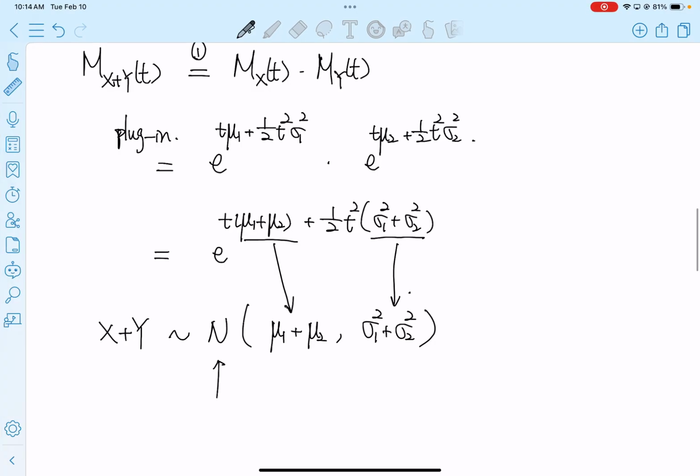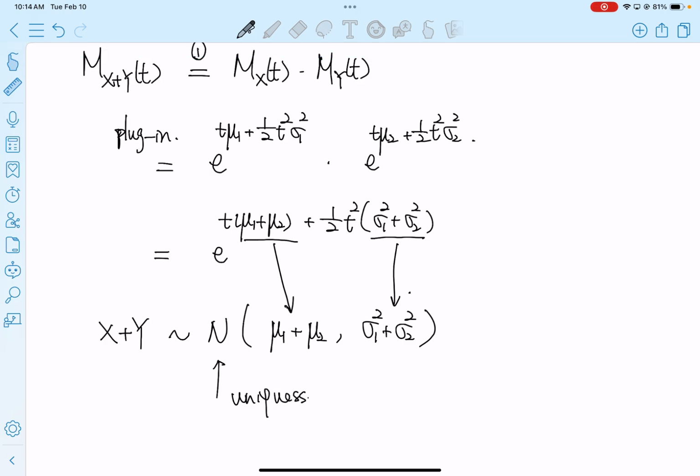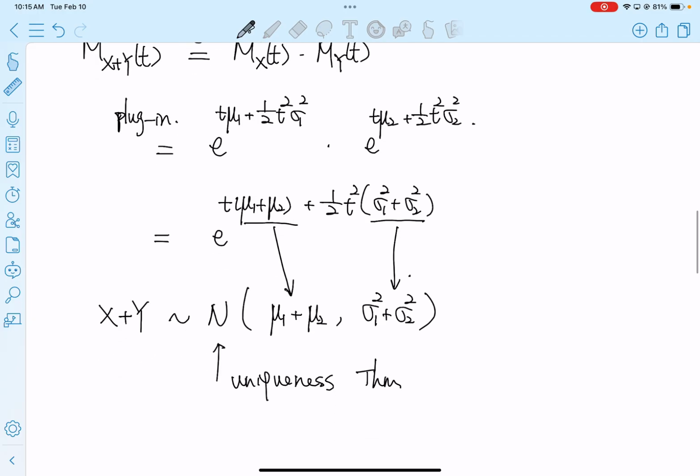So the distribution is recognized by the uniqueness theorem, and by comparing to the formula you can read off the new mean and variance.